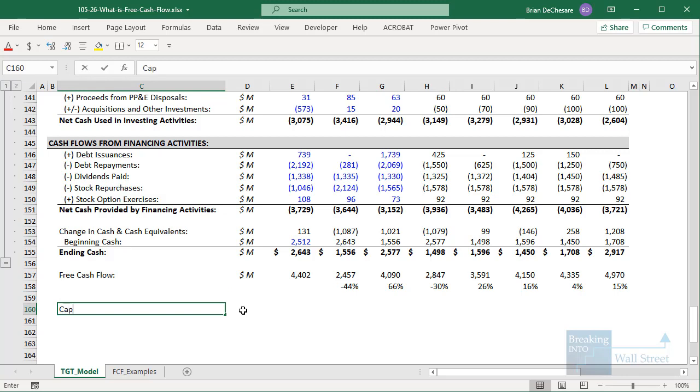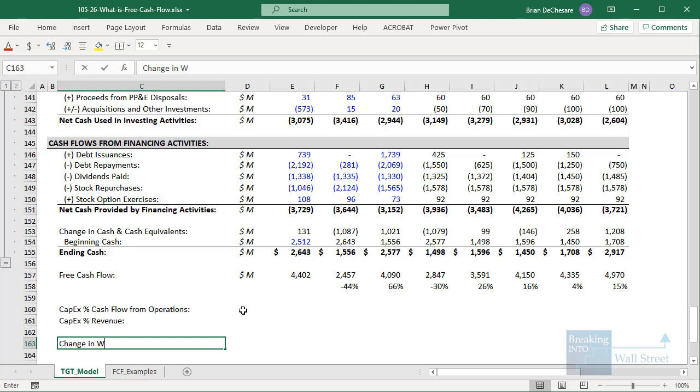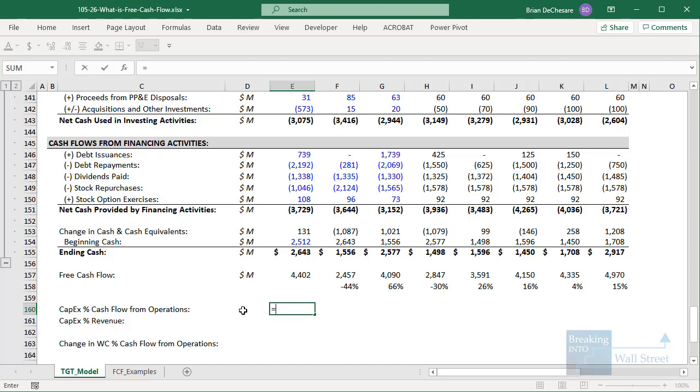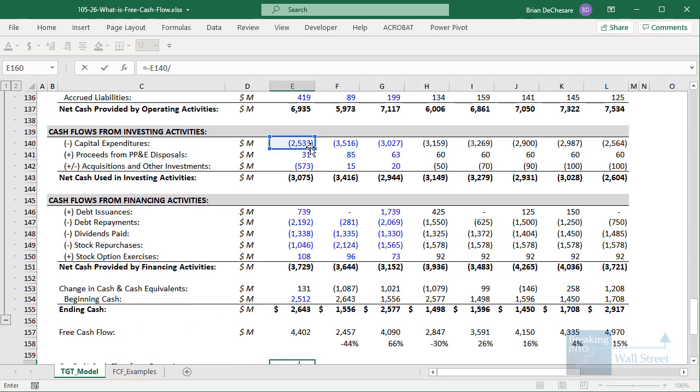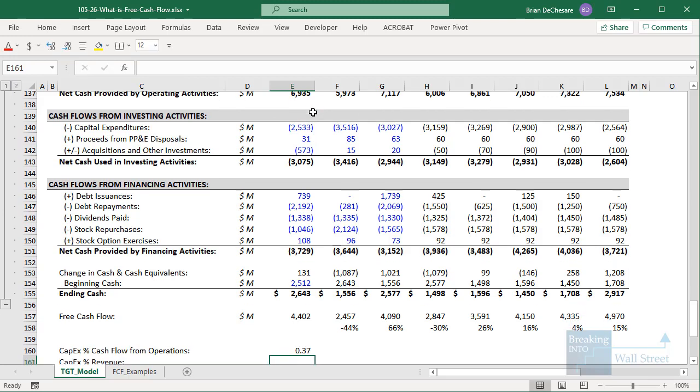We can look at CapEx as a percent of cash flow from operations. We can also look at it as a percent of revenue and just see what they're doing here. We can also look at the change in working capital as a percent of cash flow from operations and see if they are playing games here or anything like that. So for CapEx, let's just take this number and divide by cash flow from operations.